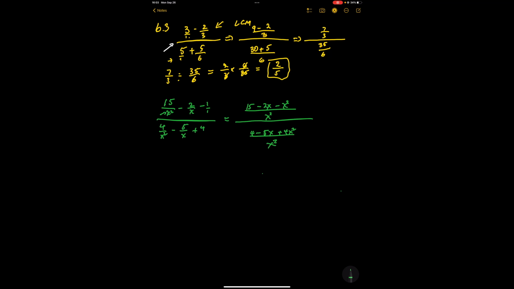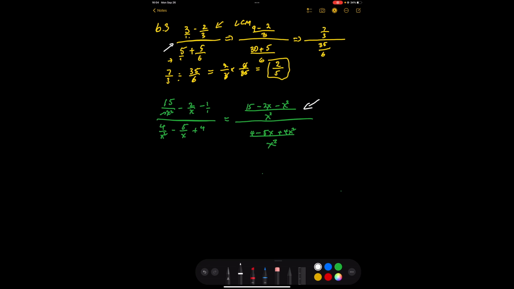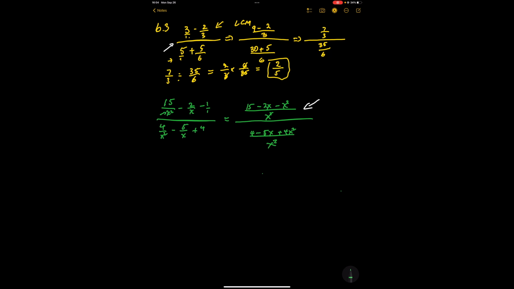I'm going to give you a hint. When you have a fraction like this, and I could have done that for the first exercise as well, you can simplify the denominator, because you have x squared here and an x squared here.